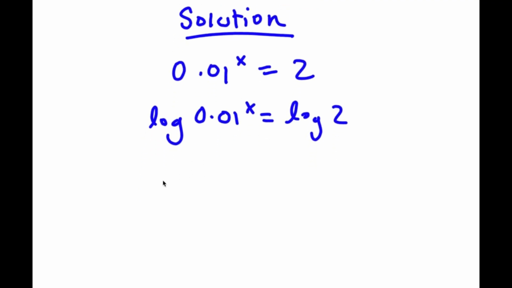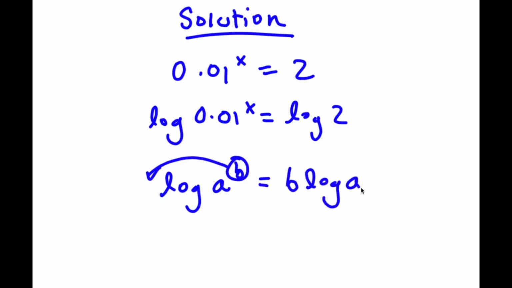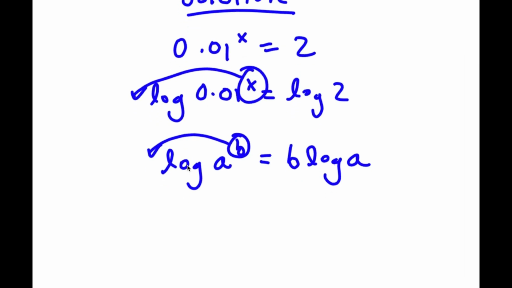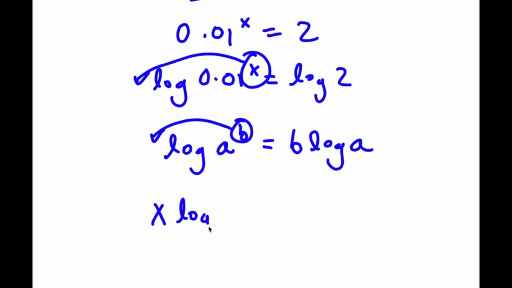Now if I have something in the form log a to the power of b, I can simply move this exponent b to the front. So this would equal b times log a. So in this case, I have log 0.01 to the power of x, and I can simply move x to the front. So that's going to equal x times log 0.01 is equal to log 2.